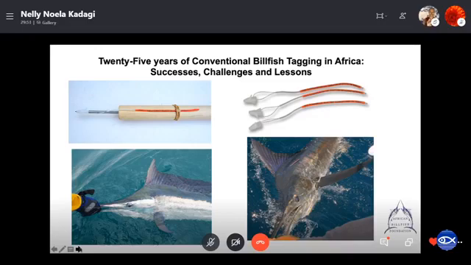Now, this is conventional tagging using plastic tags, but at the same time, science has really advanced in our region and also across the world, where satellite telemetry tags have been deployed on billfish, and we are able to tell how far they dive, how far they move across the ocean, and where they go.